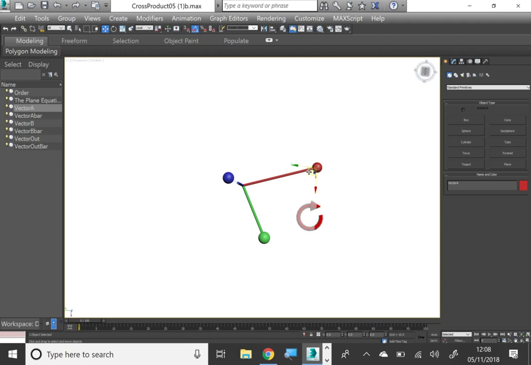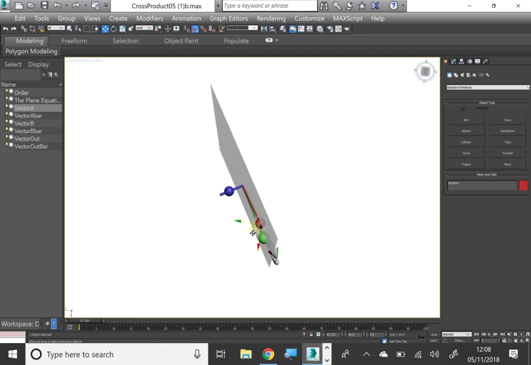And if I move my point and cross the green line, you can see that the plane will flip. And I will see that I'm looking at the other side. And if you look at our order of red, green, blue, it's reversed. It's now anti-clockwise.